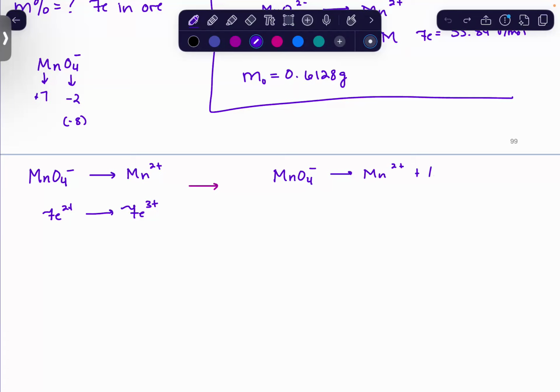Which means I'm going to need 4 waters to balance those. And then the iron, of course, does not have to balance any oxygen. All right, so that's done. Now we use protons to balance the hydrogens. Again, no hydrogens in the iron equation, so we're just going to be working on the permanganate equation.